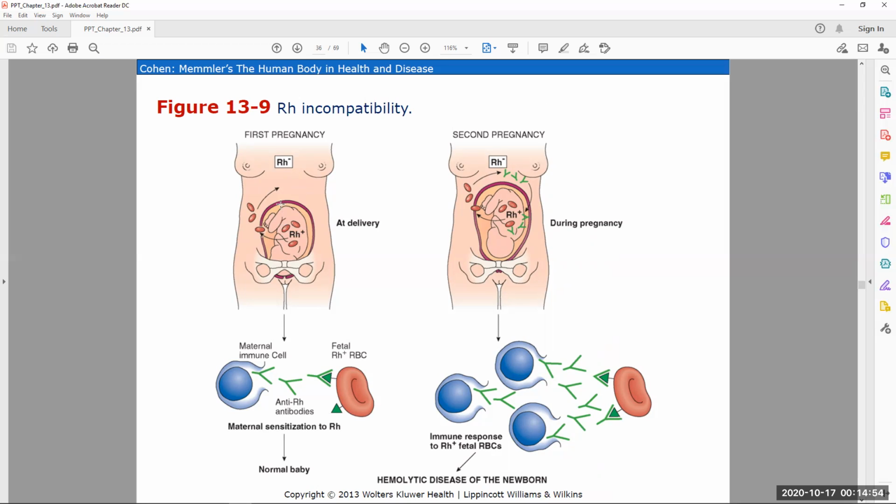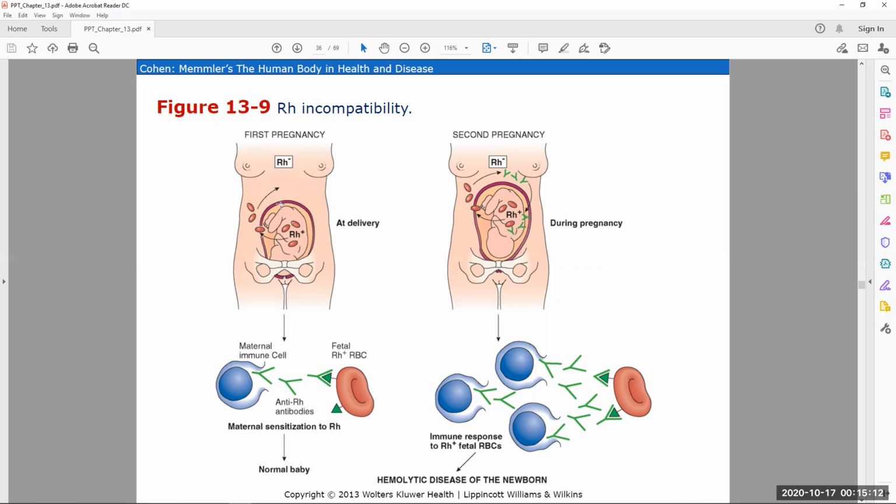Sometimes, however, you could have the mixing of blood occurring due to rupturing of some of the mother's capillaries, which could leak into the fetal environment. So the fetus will be exposed to the mother's rhesus factor, and what it does, it builds up antibodies to it.